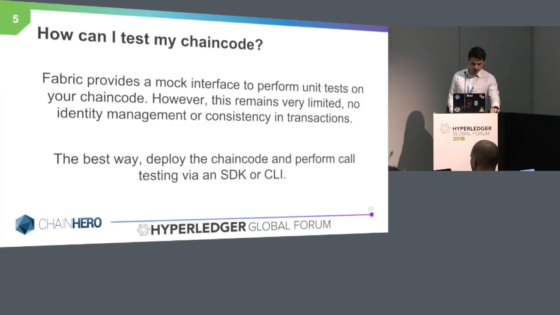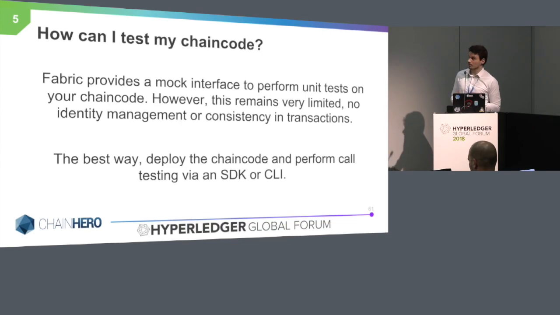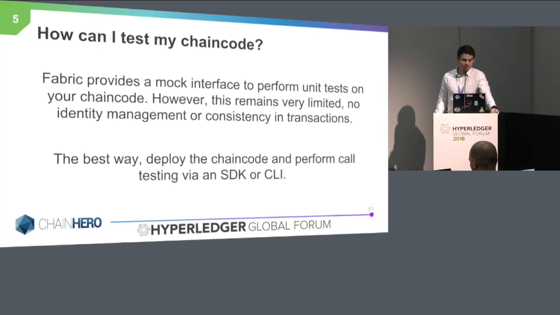What about how you run your chain code? You wrote a lot of code and you want to test it. Fabric provides a mock interface to perform unit tests on your chain code. However, this remains very limited. For example, there is no identity management, so the library CID is not working with a mock interface.